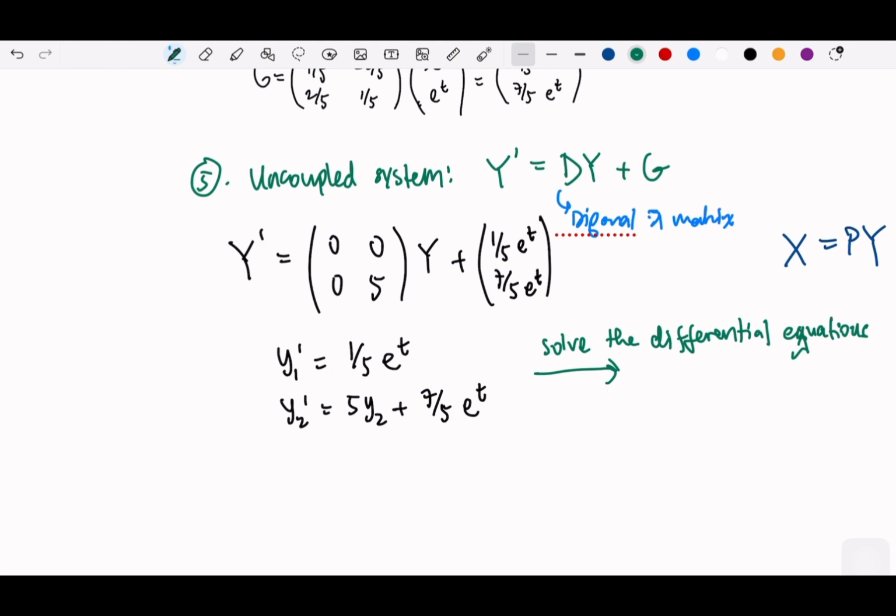This will give you y1 is 1/5 e^t plus c1, and y2 is negative 7/20 e to the power of t plus c2 e^(5t).